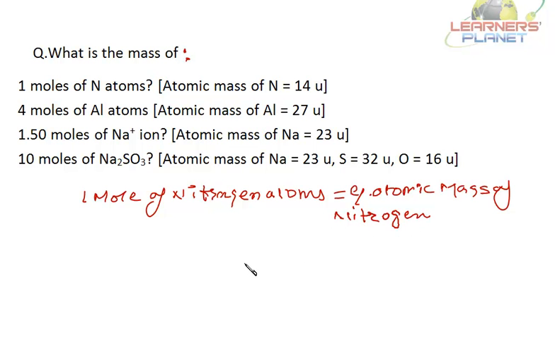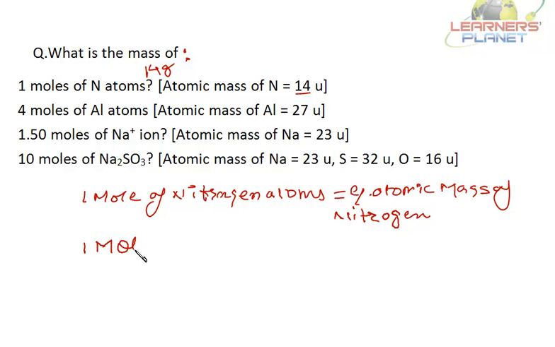What is gram atomic mass of nitrogen? It is the amount of nitrogen whose mass in grams is equal to its atomic mass, the numerical component. Mass in grams is numerically equal to its atomic mass. So 1 mole of nitrogen atoms, what will be the mass? Simple, 14 grams.